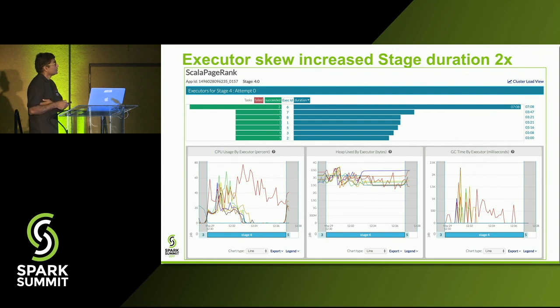So here are the corresponding time series view of each executor, and you can drill down and find out which particular node a particular executor is running on, and this is the resource consumption profile. Now, one thing that sticks out is, yes, there is garbage collection activity happening.